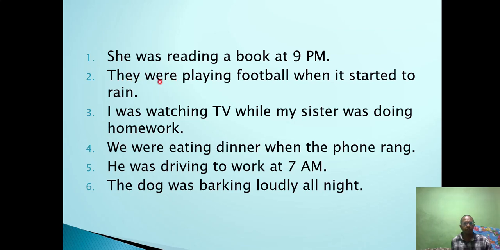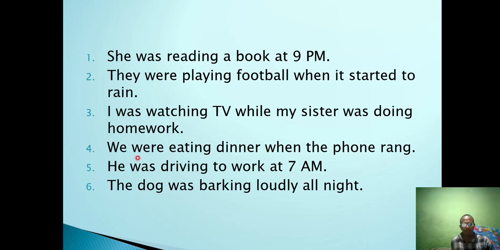For they, we have used were. Number three, I was watching TV while my sister was doing homework. Two actions simultaneously in the past. Number four, we were eating dinner when the phone rang. Two different actions: the phone rang and eating dinner.